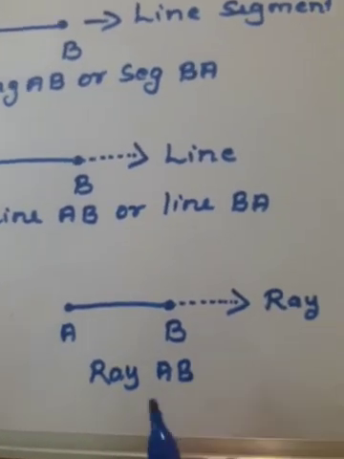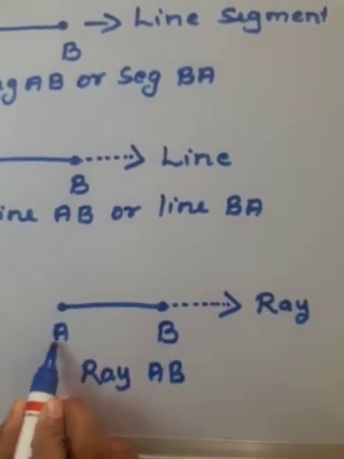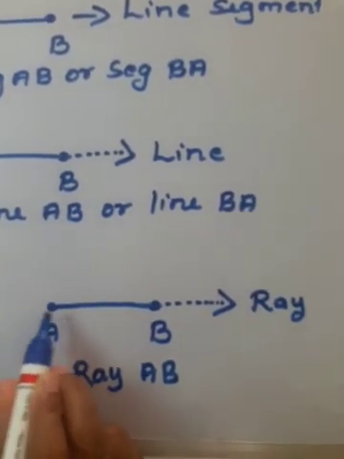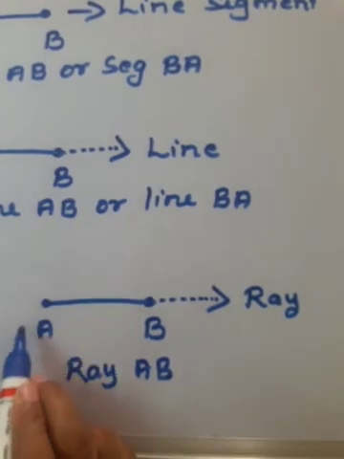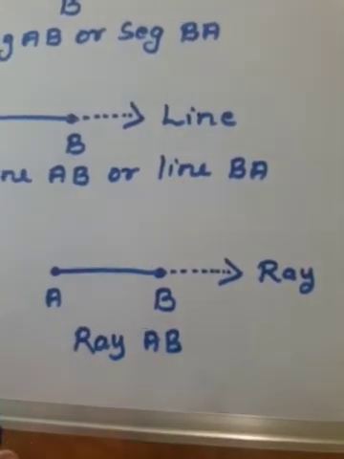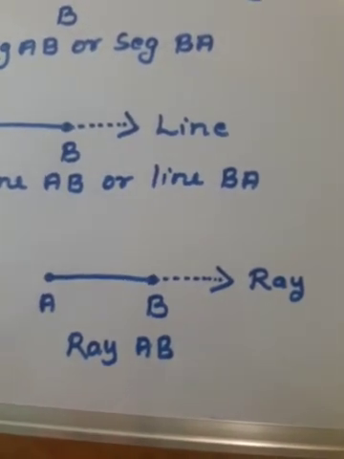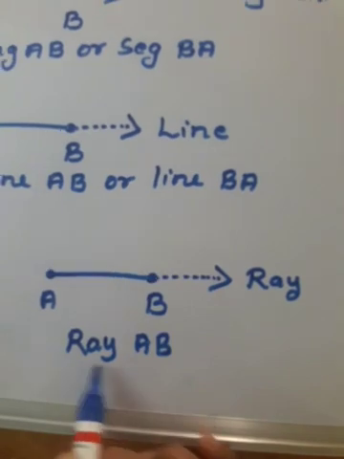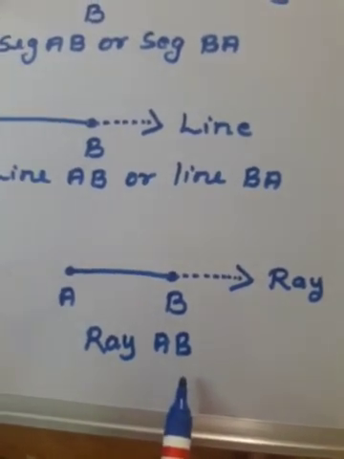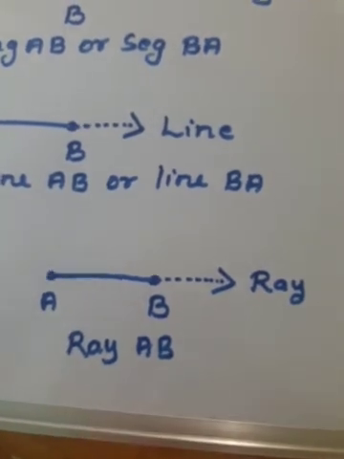Because while naming the ray, we should always write the starting point first. Here, which is the starting point of the ray? Point A is the starting point of the ray. So remember students, while naming the ray, we should always write the starting point first. So that is why this figure is named as ray AB. So we cannot name this ray as ray BA.